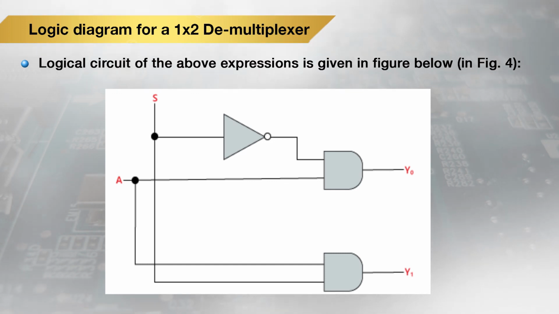S0 along with A is provided at the AND gate and the output is taken as Y0. The selection line along with A is given to the second AND gate and the output is taken as Y1.